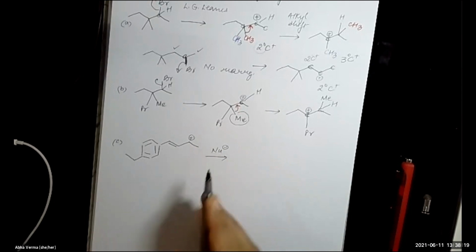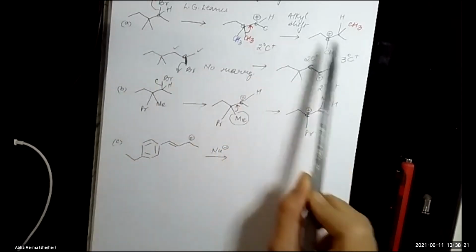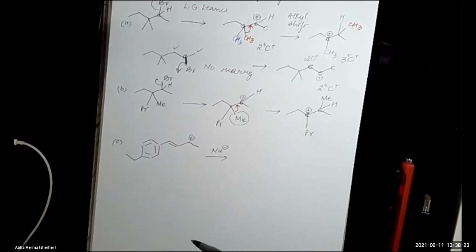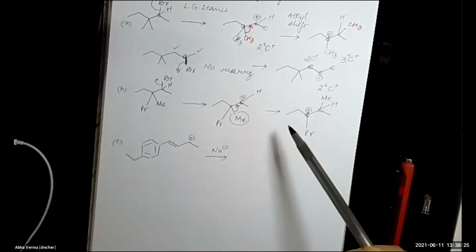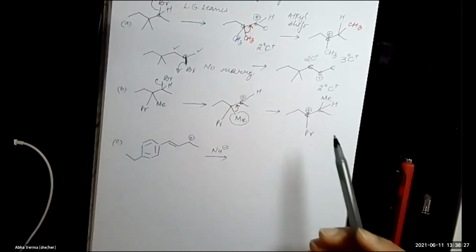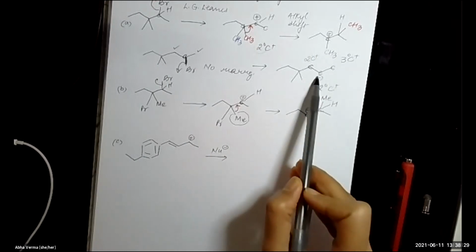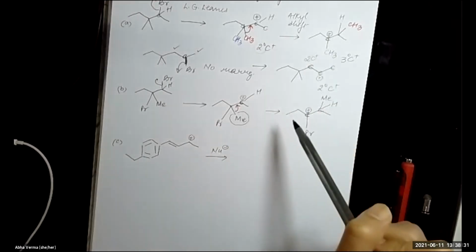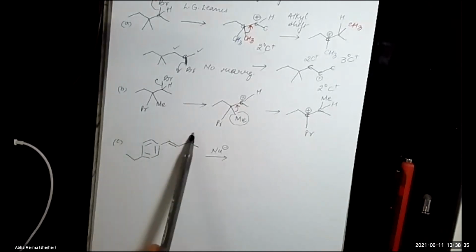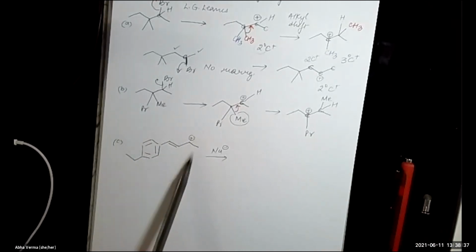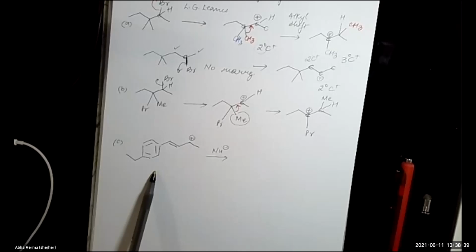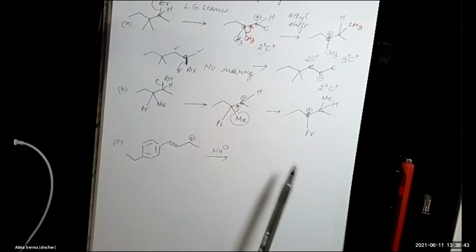Okay, so in all of these cases, you know your carbocation is here. If a nucleophile attacks, the nucleophile will go to these locations only, right? So you have this particular intermediate carbocation. How many types of products will be possible from this carbocation? Only one or more than one?